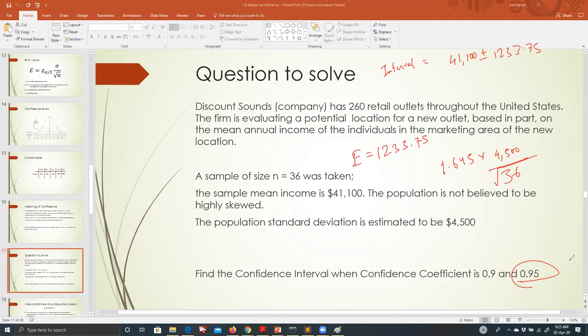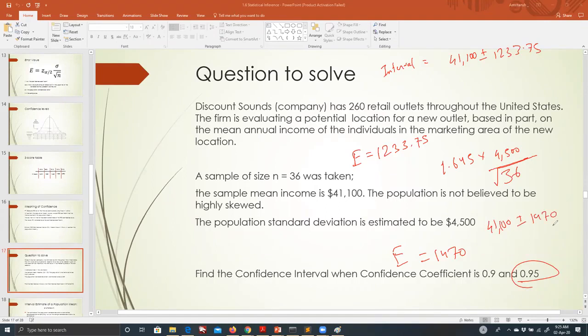You are saying it is 1470. So again, the interval estimate will be 41,100 plus minus 1470.